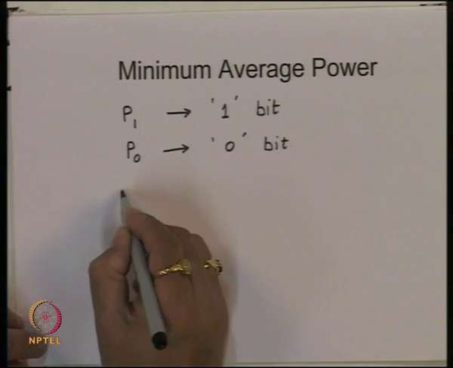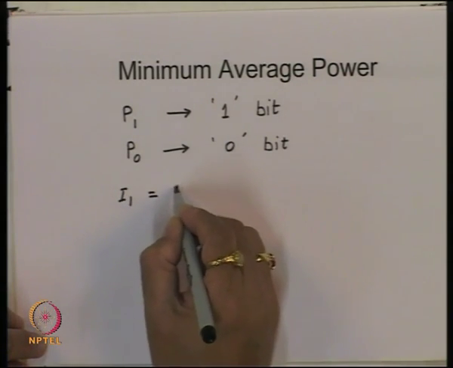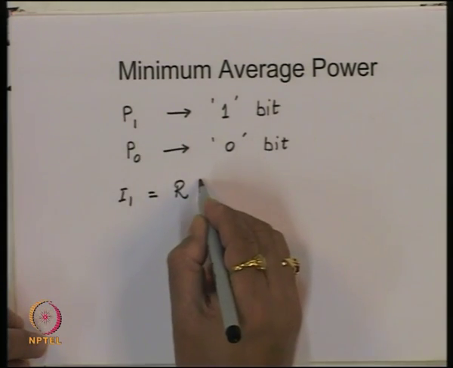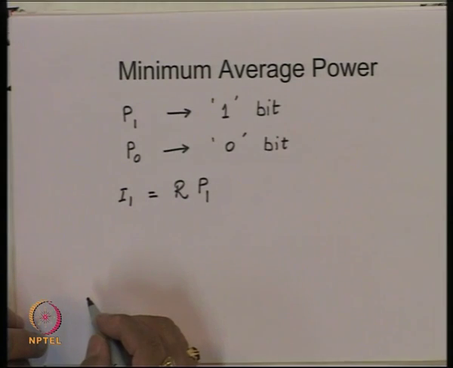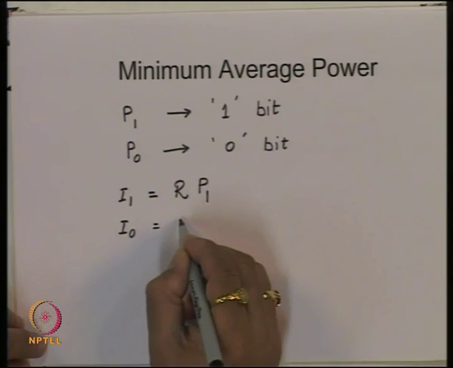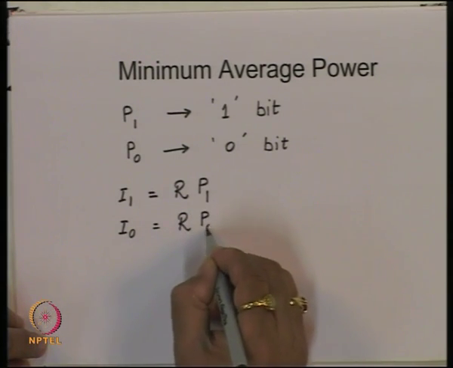So, we have I1 equal to the responsivity of your detector multiplied by this power P1. Similarly, I0 is the responsivity of the receiver multiplied by this power P0.